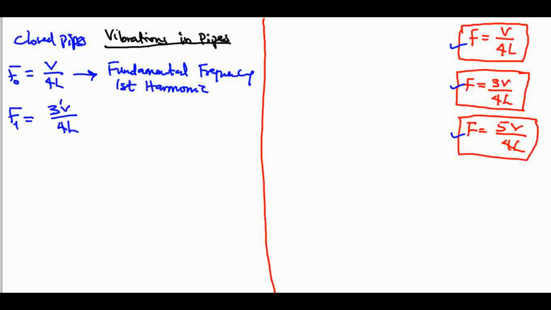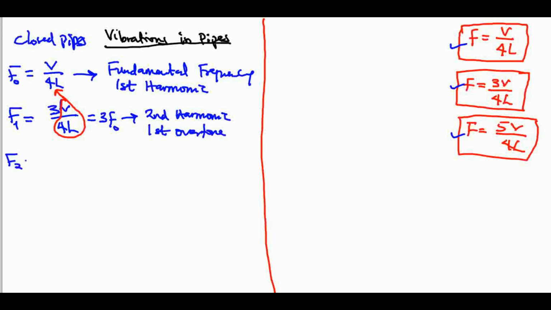But take a look at this. The whole of this is exactly this. So I can as well write it as 3F naught, because the whole of V over 4L is F naught, and that is what we'll call the second harmonic or the first overtone.